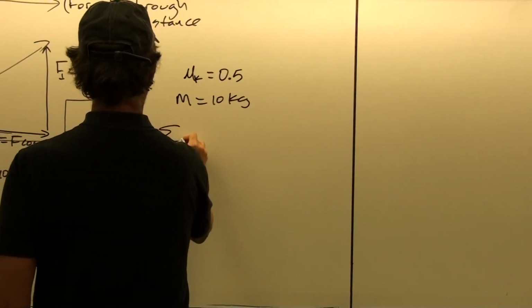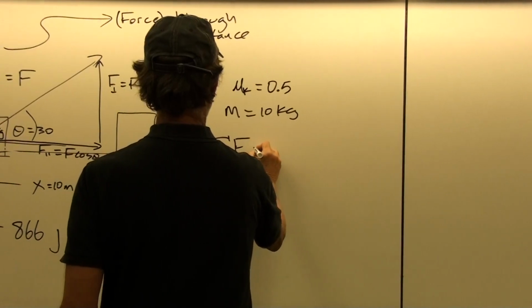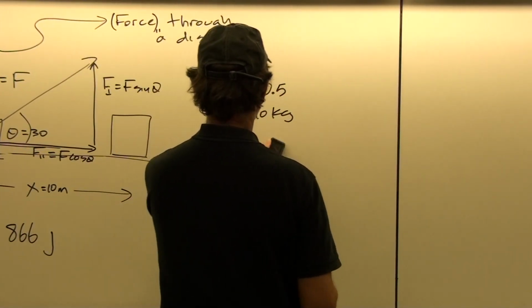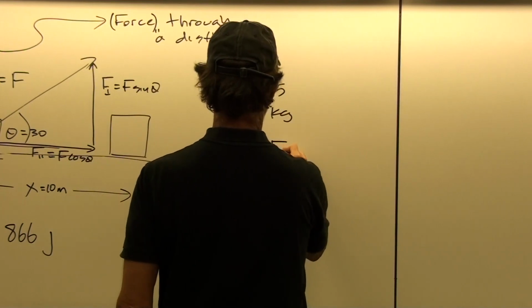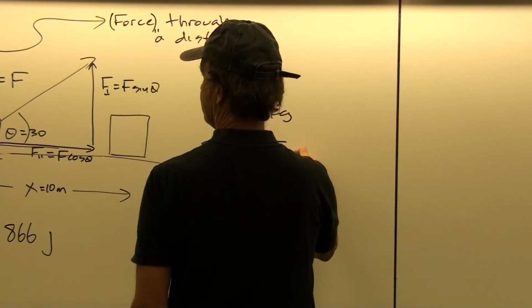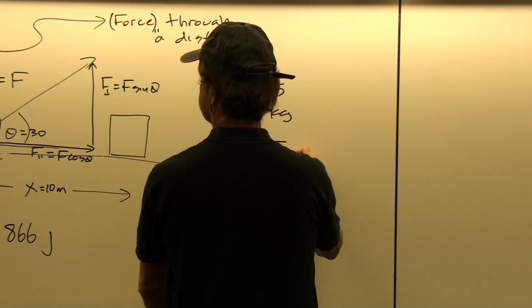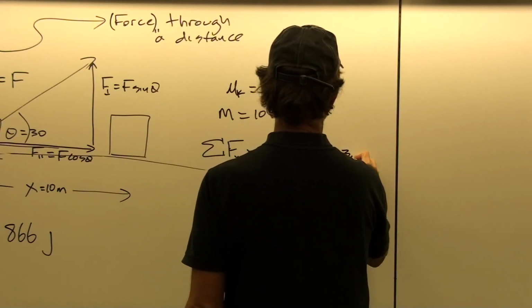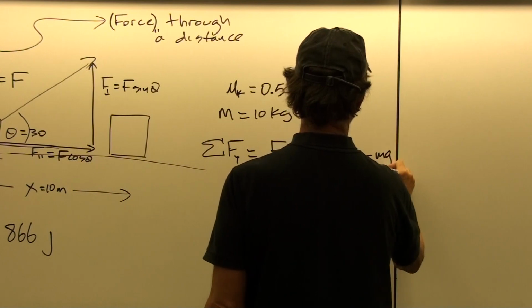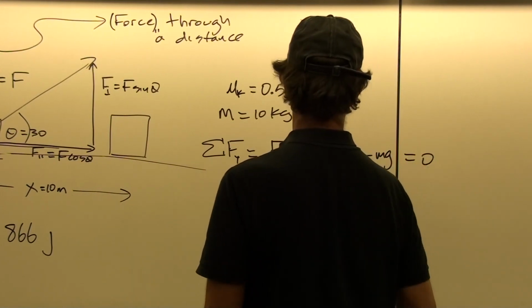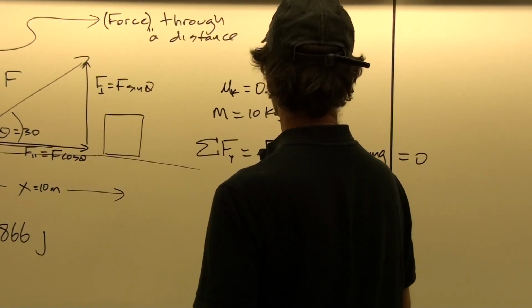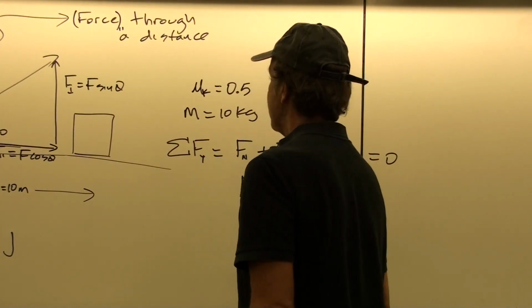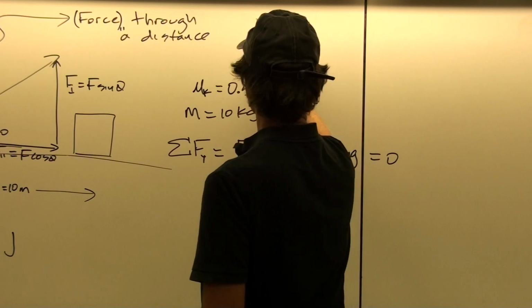Then the sum of our y forces is going to be equal to F normal plus F sine 30 minus mg, and that'll equal 0. So this gives us an expression for the normal force. Why do we need that? Because we might also want to find the work done by friction.